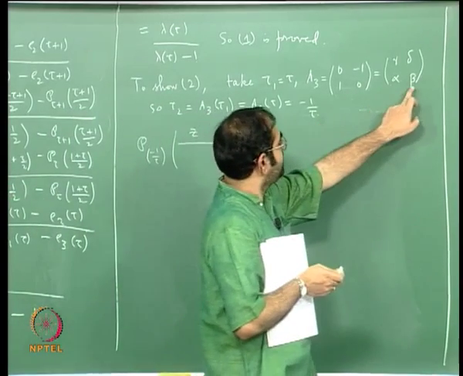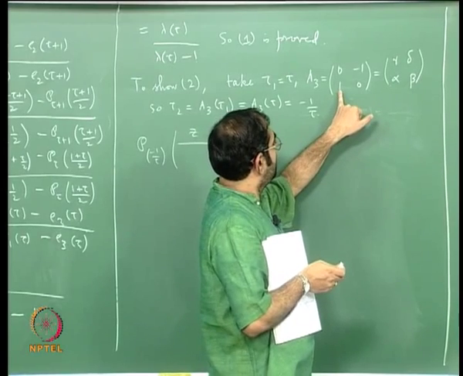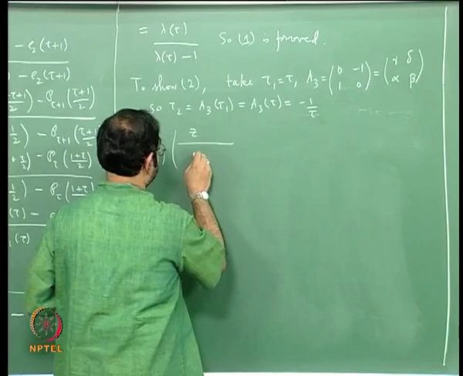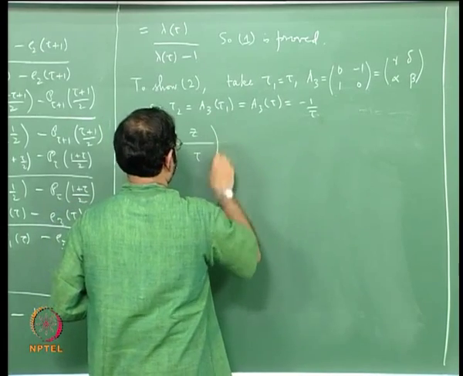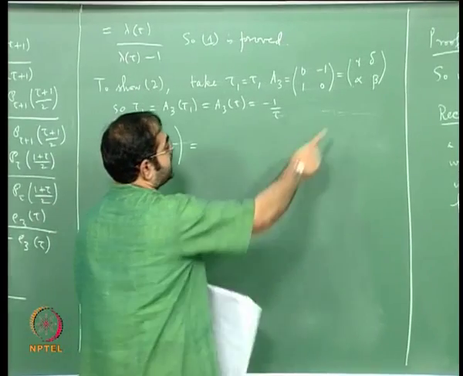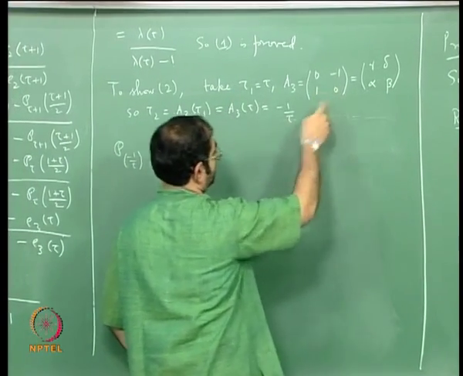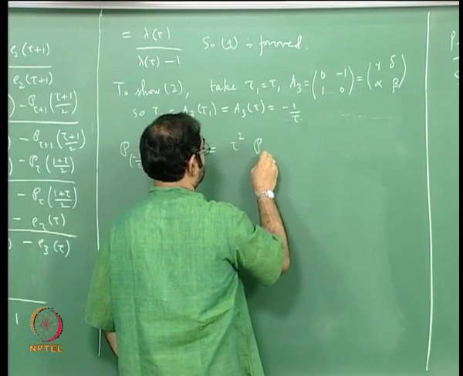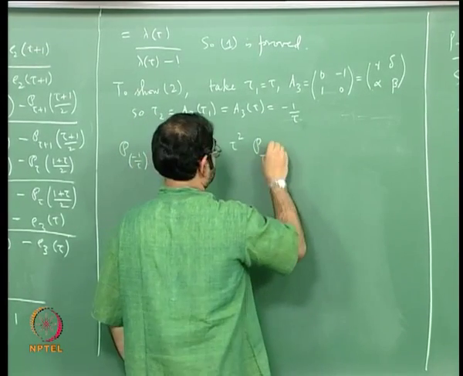So alpha tau 1 plus beta is going to be 1 into tau plus 0, so I am going to get Z by tau, which is just tau squared into P sub tau 1, which is tau, and of Z.